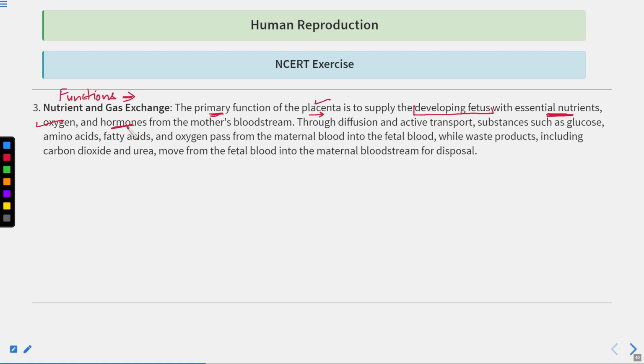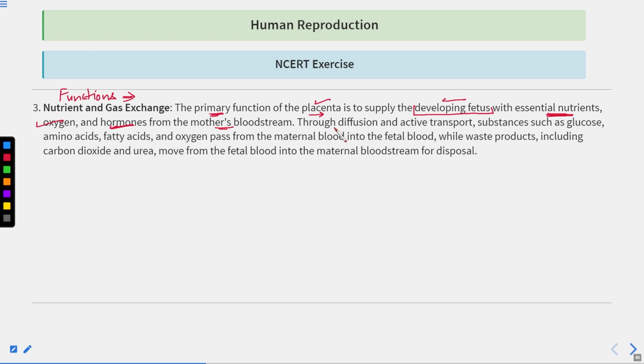You must be knowing about the endocrine glands. These endocrine glands secrete hormones. They are ductless glands. Clear? So the placenta also releases hormones. So essential nutrients, oxygen and hormones from the mother's bloodstream are provided to the developing fetus.